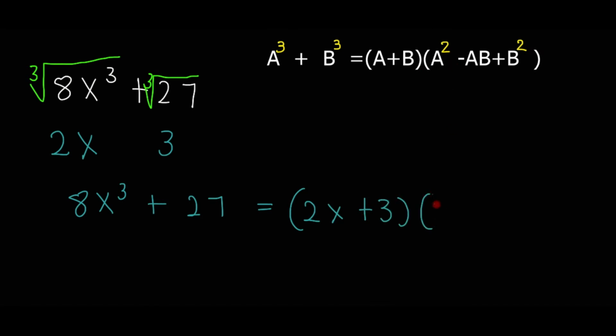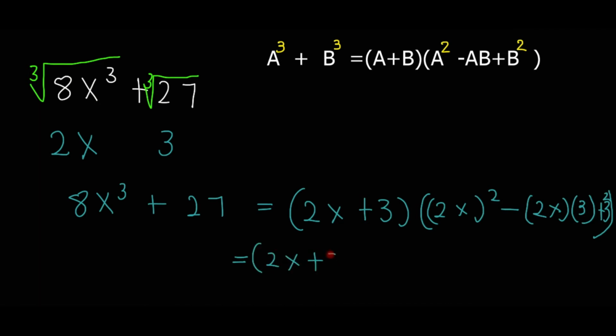and then our a squared, this is 2x squared, and then from there minus ab, and then our a is 2x, and then our b is 3, and then our b again is 3, so we get 3 squared, and then from there we write 2x plus 3, and then this is 2x all squared.